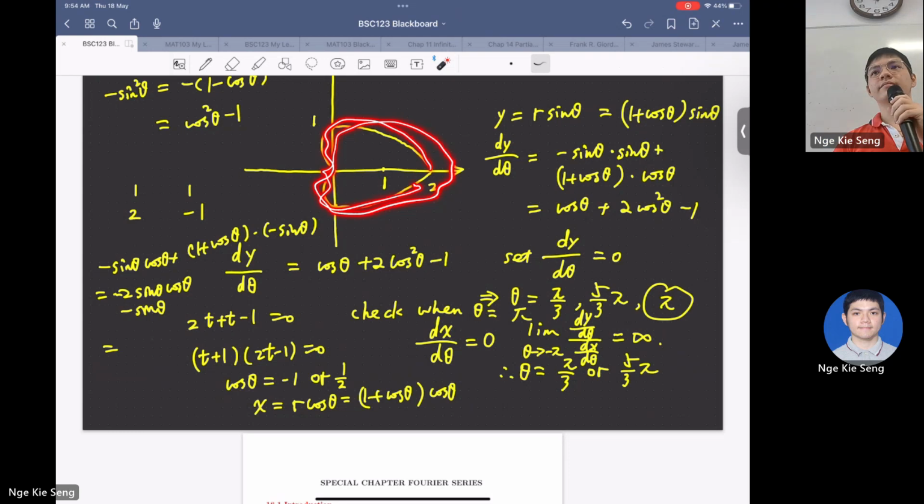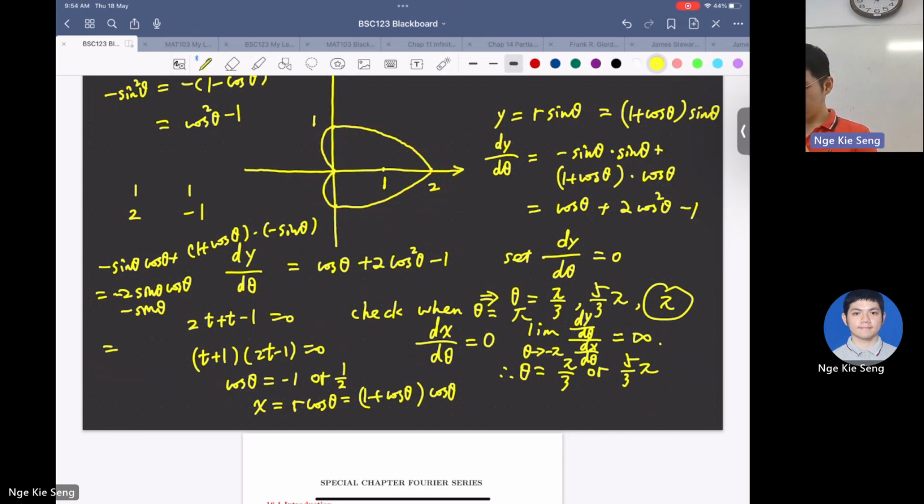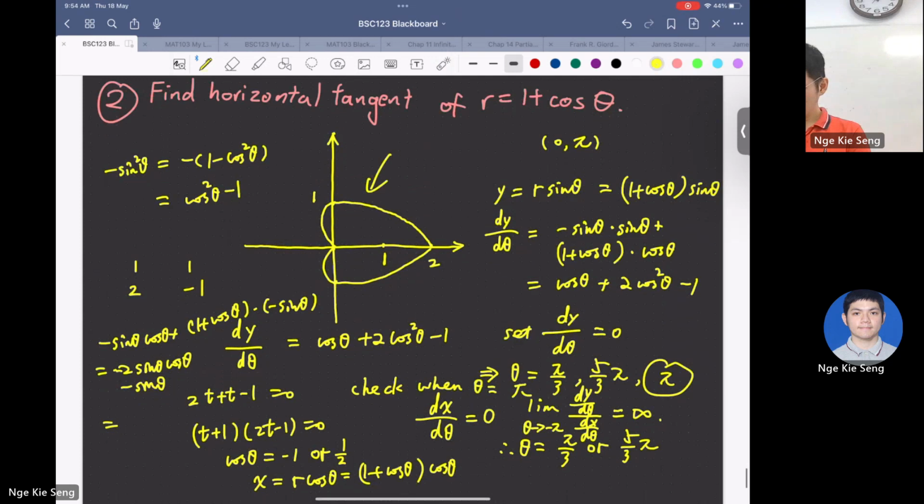Yes or no? Okay, so this shape can be drawn for interval 0 to 2 pi.